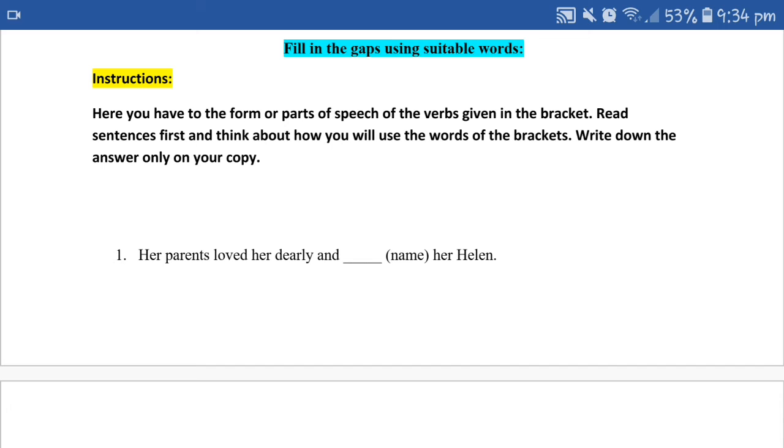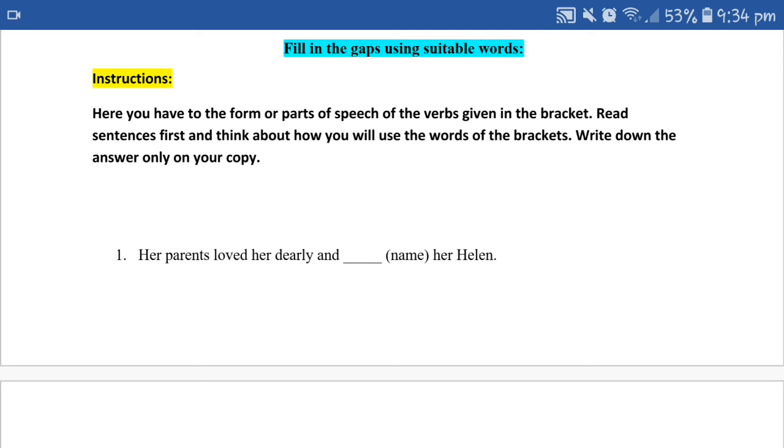Here at first, the sentence is: her parents loved her dearly and dash name her Helen. Will it be name, or named, or will name, or names? You have to choose it.